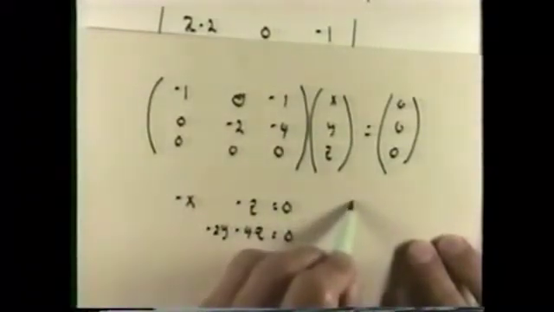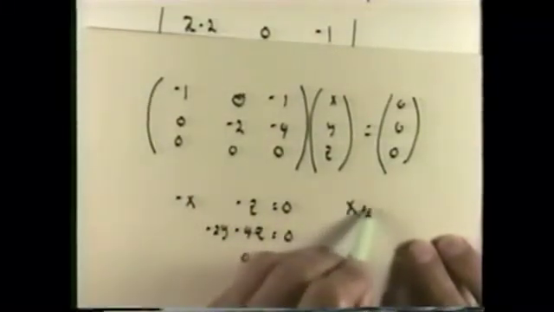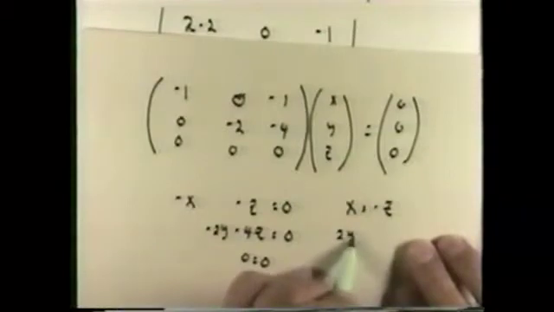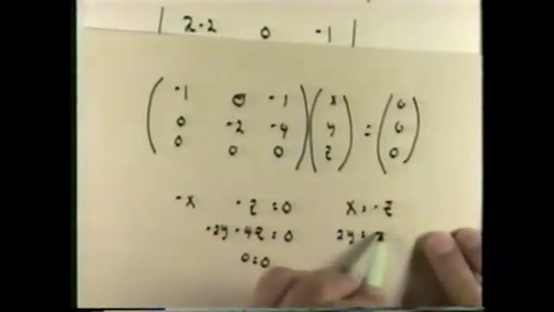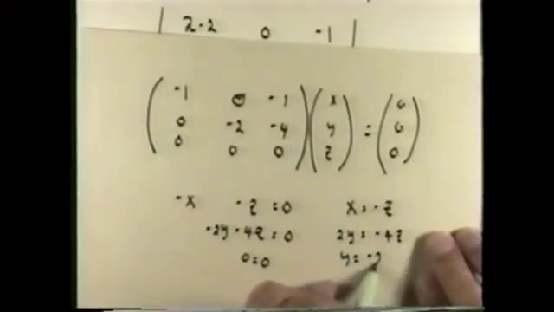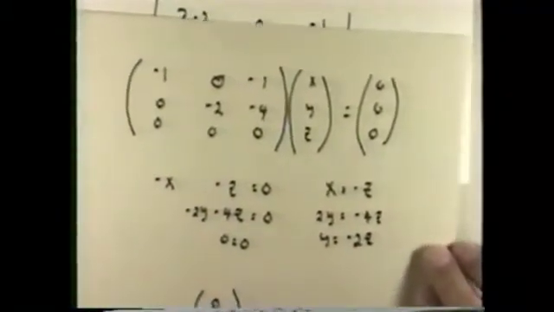So we can see here that x is going to be the opposite of z. I get that 2y is equal to the opposite of 4z, or that y is equal to negative 2z.